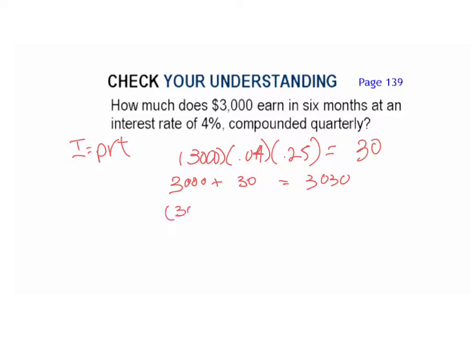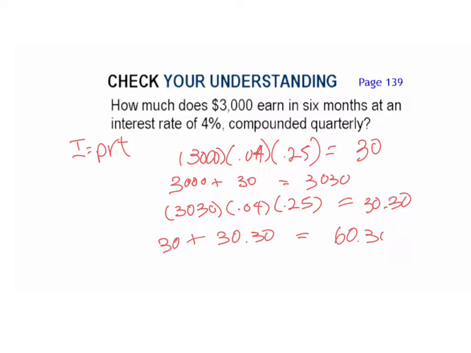And plugging that in for the next quarter, we get $30.30, which we add to the original 30 to determine how much interest is earned in 6 months, $60.30. Please get that down, and when you're ready, press play to proceed to the next slide.